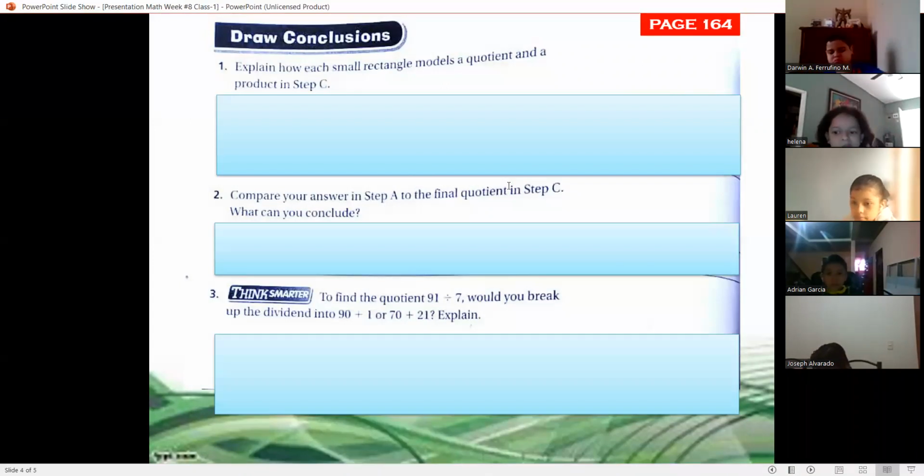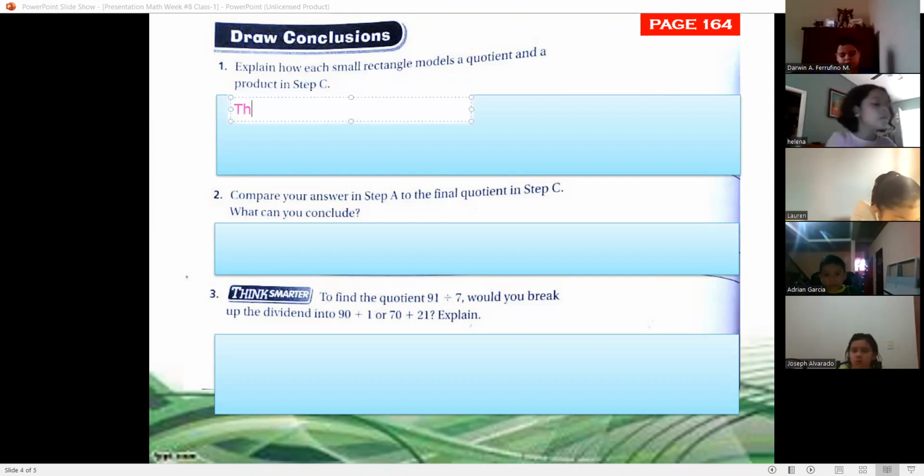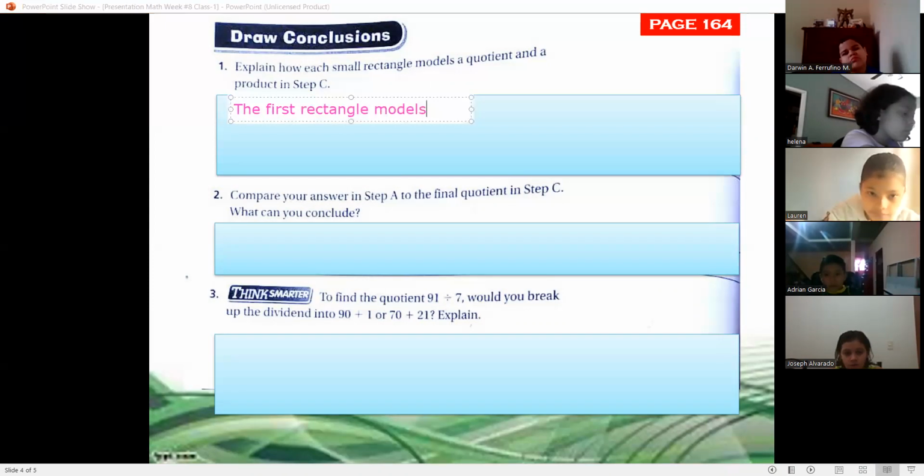So what we're going to explain here, in the first exercise that we were working on, is about 69 divided by 3. So it means, guys, that the first rectangle, I'm going to dictate to you, models what the product was.